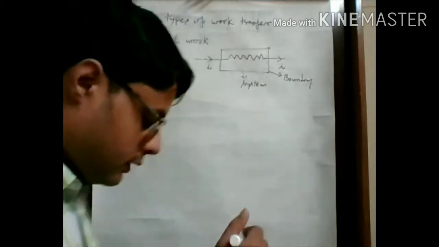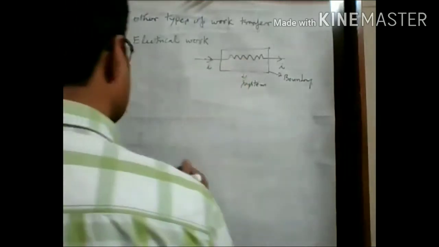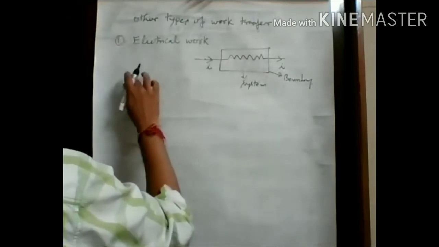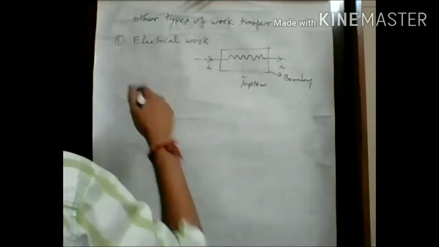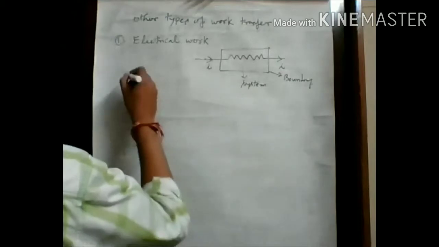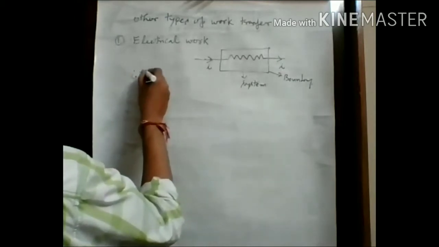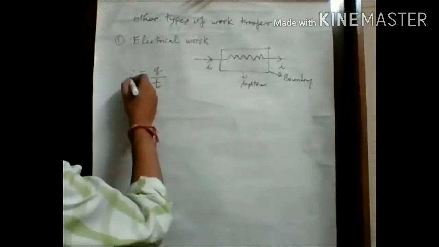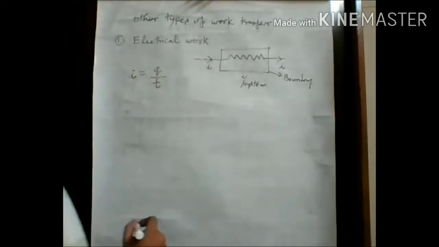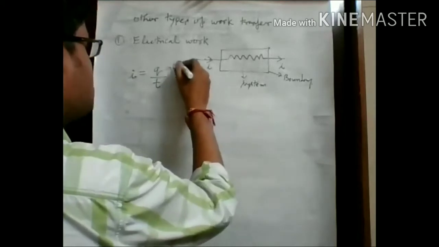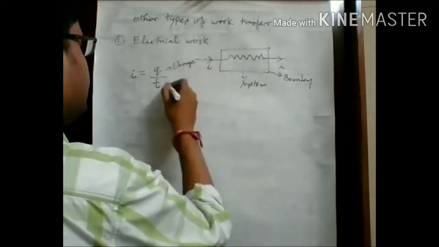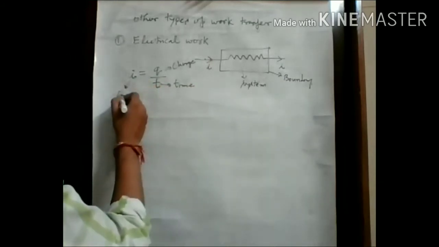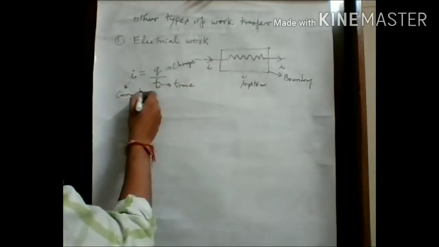If we want to calculate this expression, then we know that I is defined as Q upon T, where Q is the charge, T is the time, and I is the current.